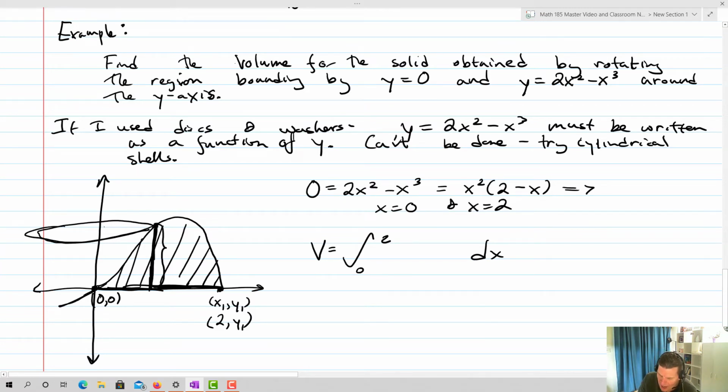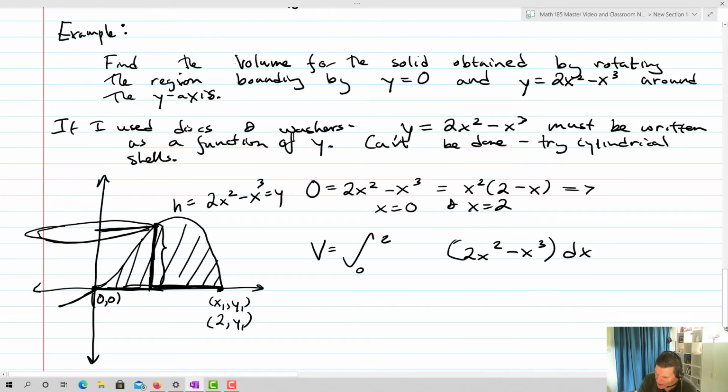This height is going to equal 2x squared minus x cubed, because that's how high it is. That's equal to y. So I've got 2x squared minus x cubed, and I've got dx. And now I need just my radius.